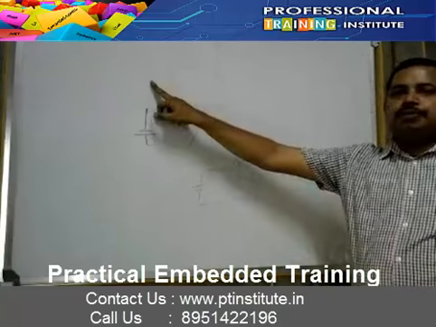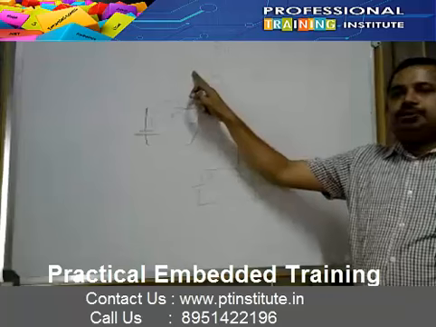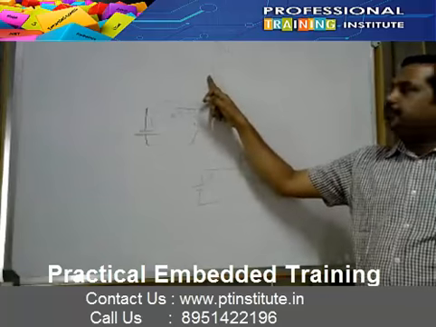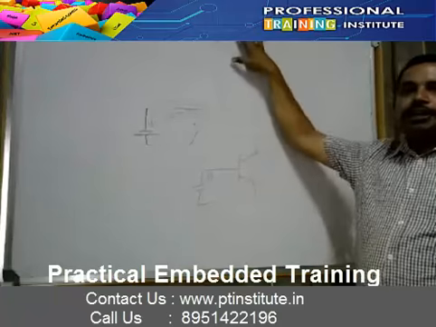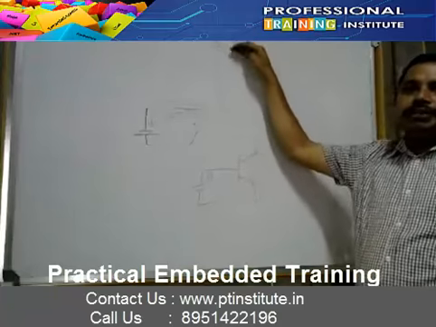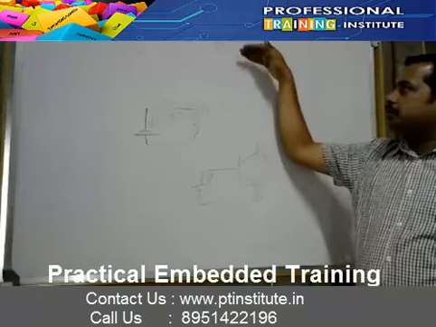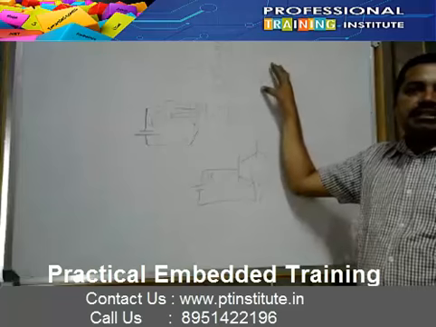So this is 5 volt and through 500 ohm I am giving it to the base, and on the collector we are giving 5 volt biasing with the 10 kilo ohm resistance. And this is my output.